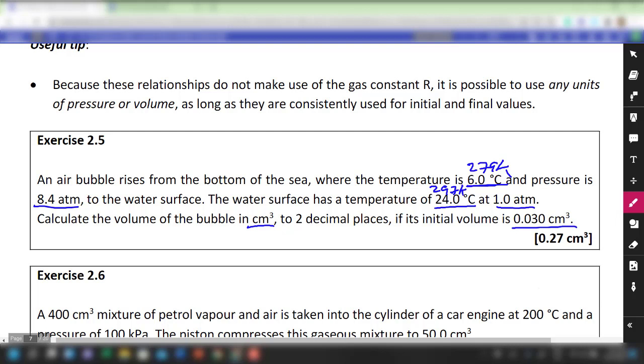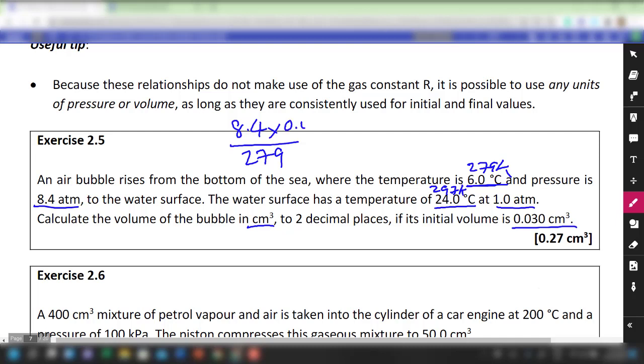Initially the temperature is 279 Kelvin. So I'm just going to do a fraction. This is 279. Then the pressure is 8.5 atmosphere. The volume is given to be 0.030.